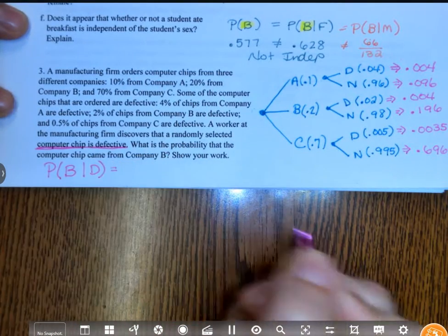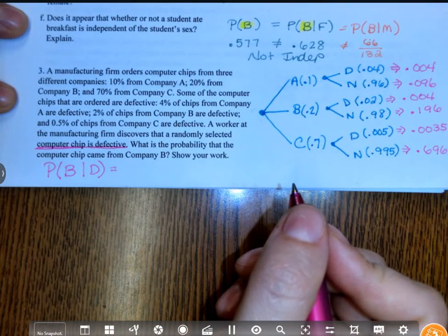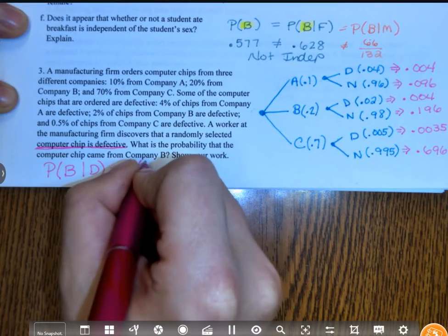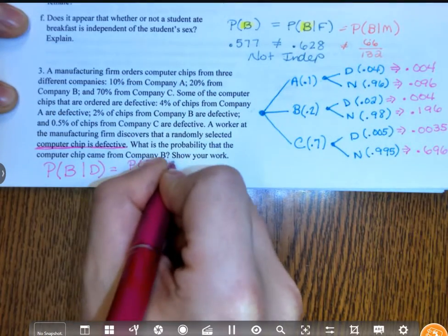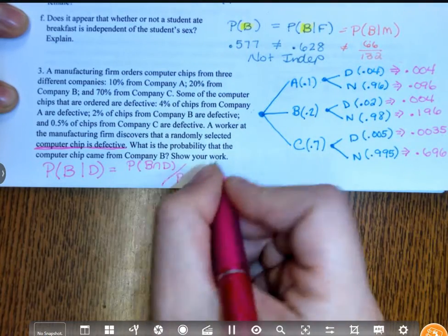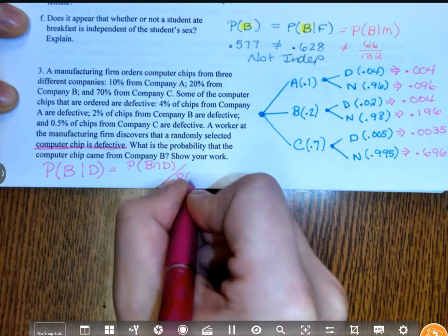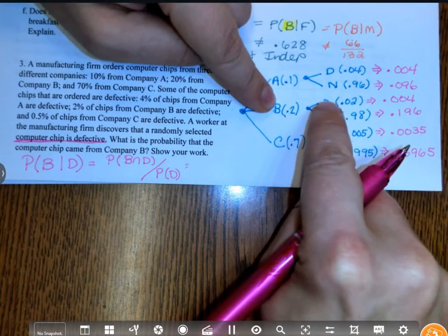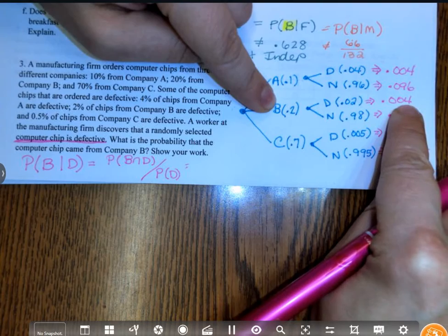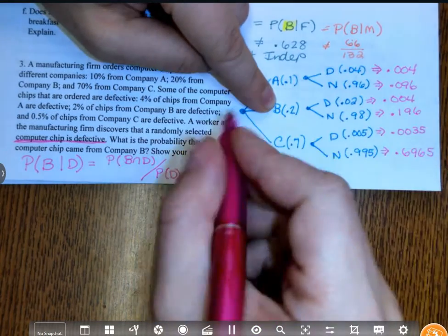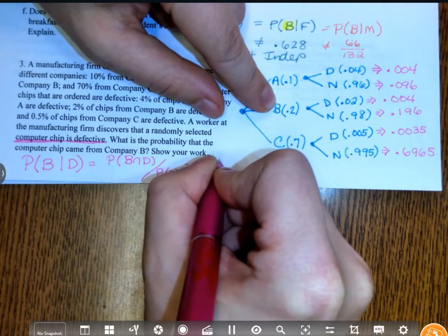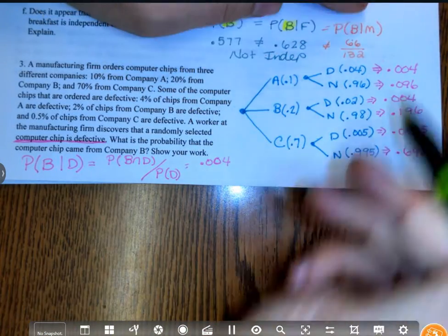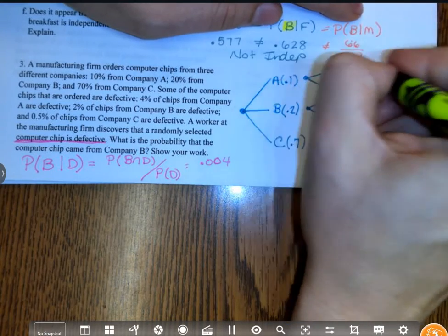So to calculate this, what am I going to do? Probability of B and D divided by the probability of defective. So B and D, that means company B and defective was what? 0.004, sorry, one more zero. Probability of defective, that means all of my defectives.